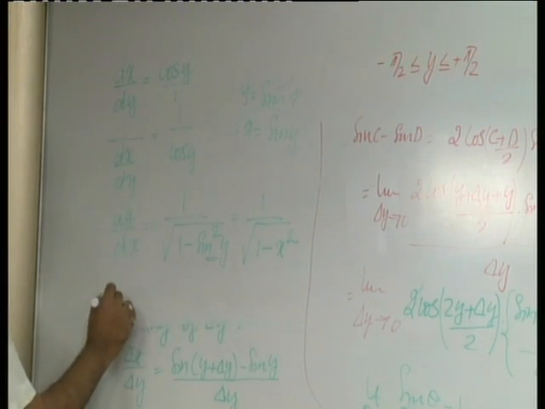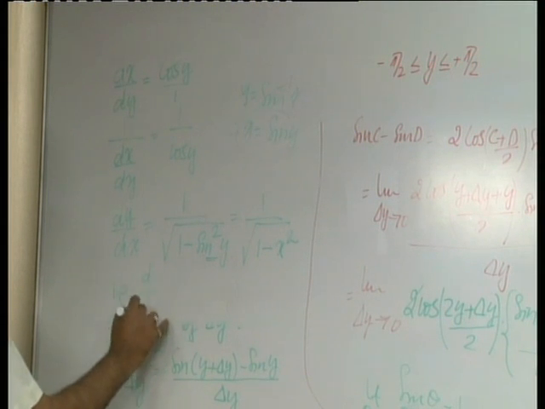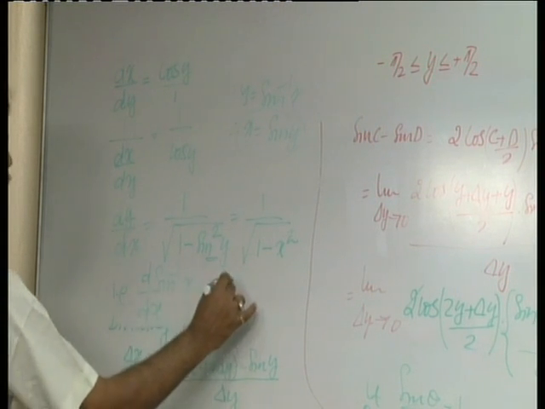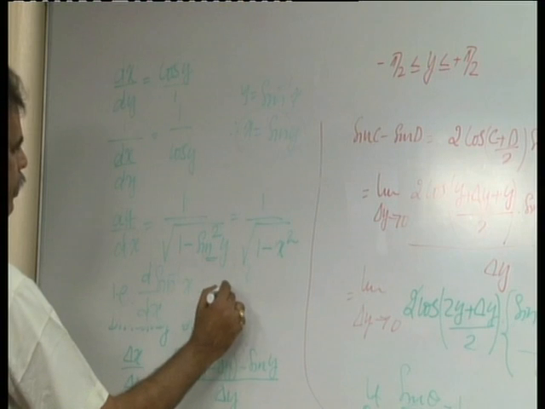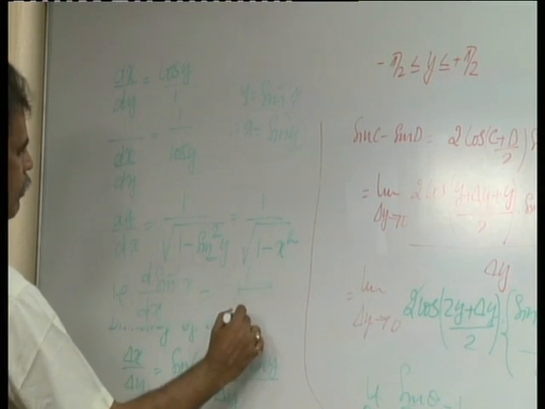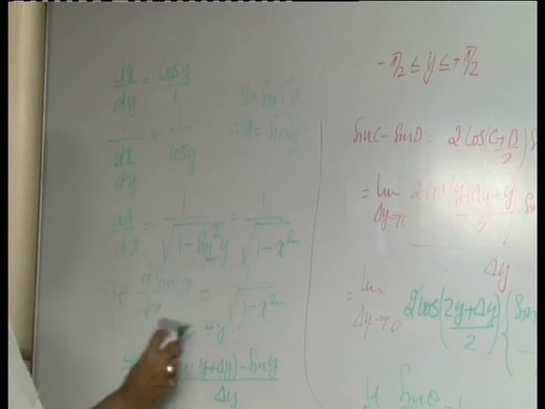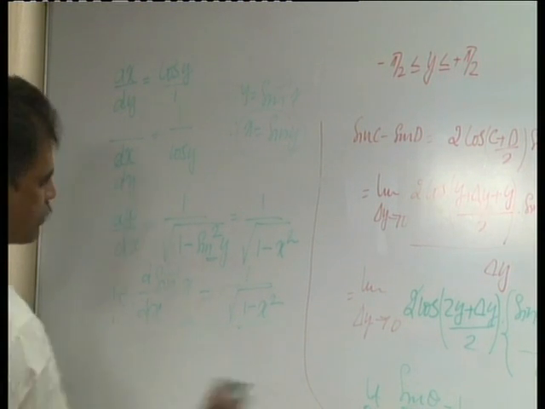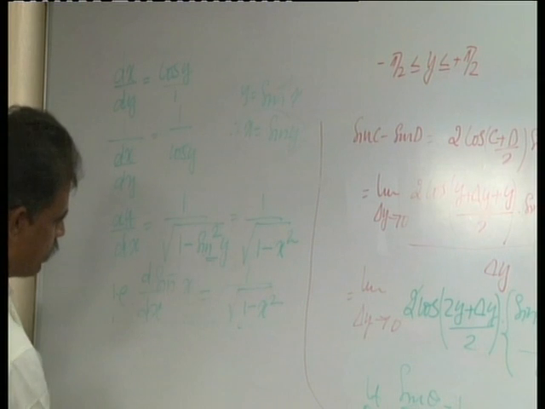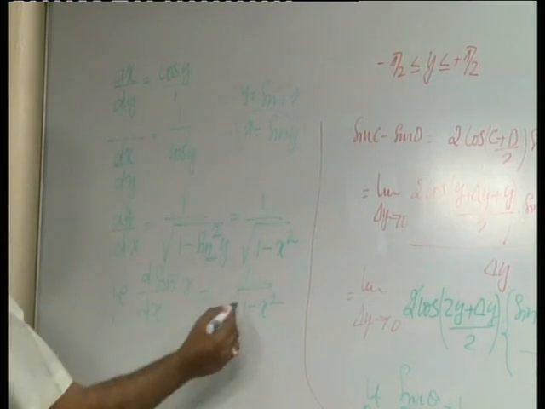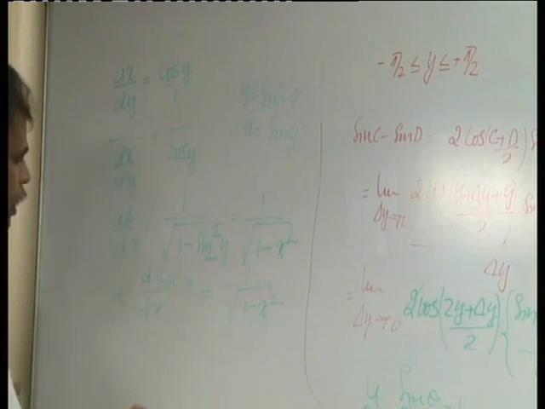So, differentiation of sin inverse x is equal to 1 divided by root of 1 minus x square. Differentiation of sin inverse x is 1 by root of 1 minus x square.